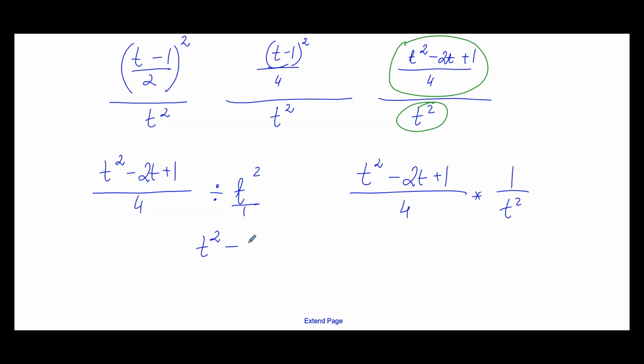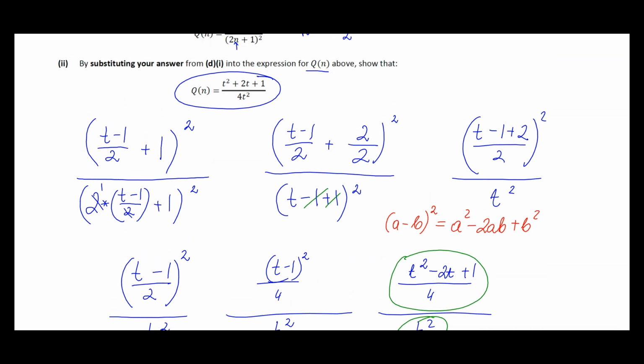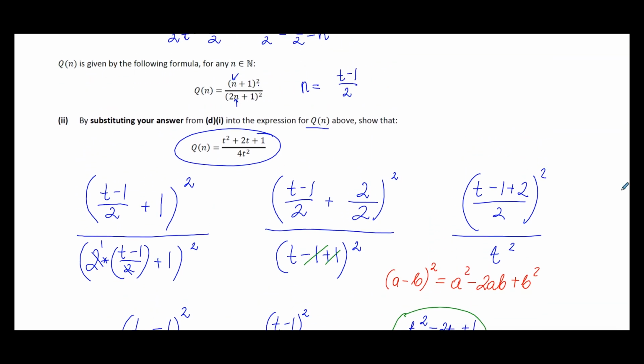So t to the power of 2 minus 2t plus 1 over 4 multiplied by t to the power of 2. And there it is. I arrive at what they were looking for. Yeah, fractions are very important. We really need to understand how they work. Please have a go and practice. It's an excellent question for fifth year as well.